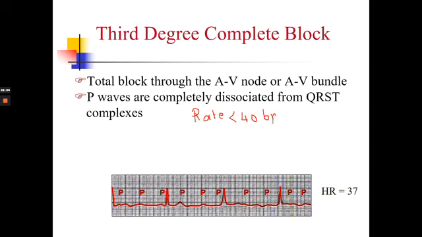Why? Because the heart rate now is from the Purkinje. And you remember that Purkinje is between 15 to 40 per minute.